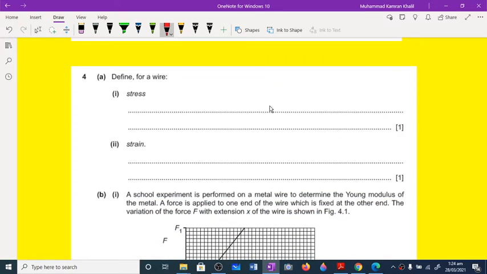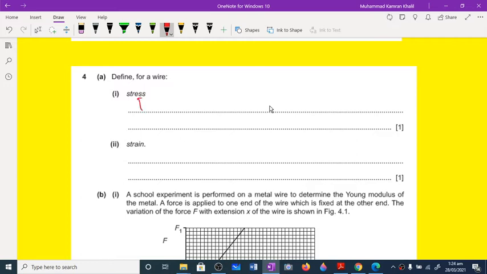The question is to define stress. The common mistake, which the examiner report mentions, is to write "the force acting per unit area." This is incorrect. Once again, if you write that the force acts per unit area, you will not get credit.